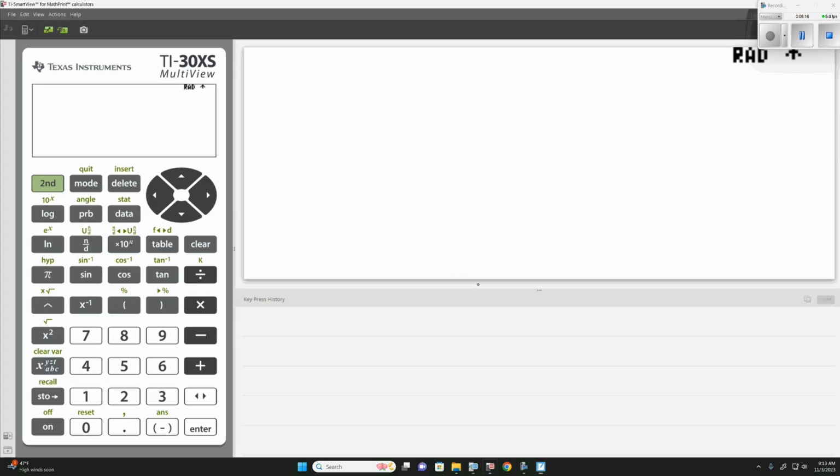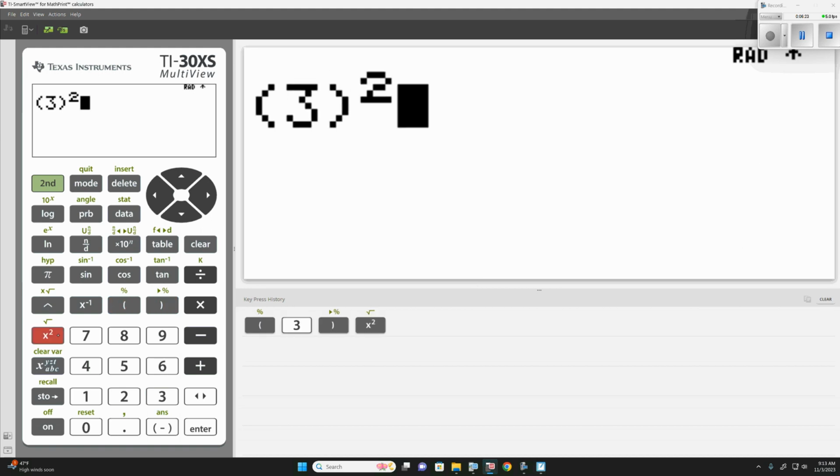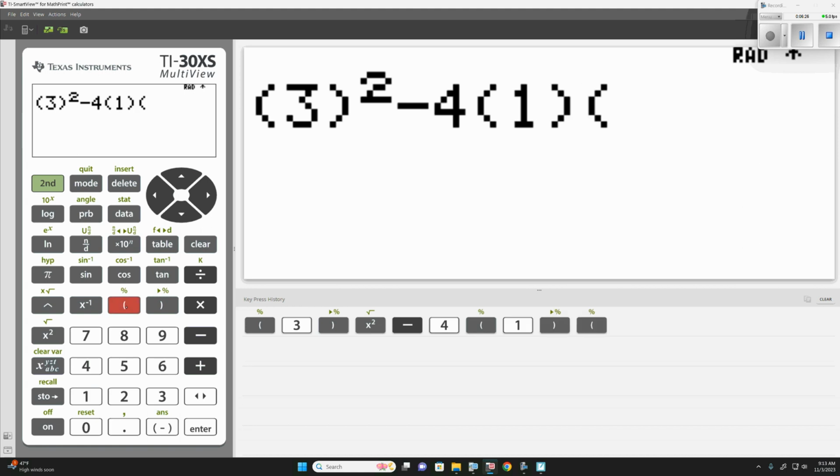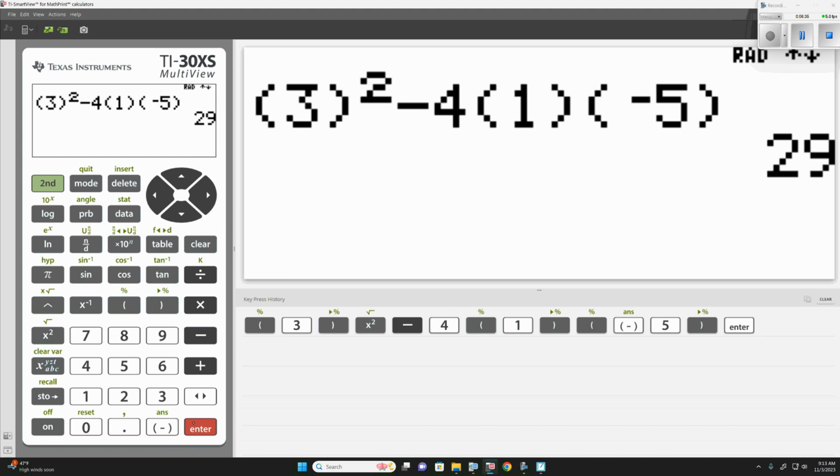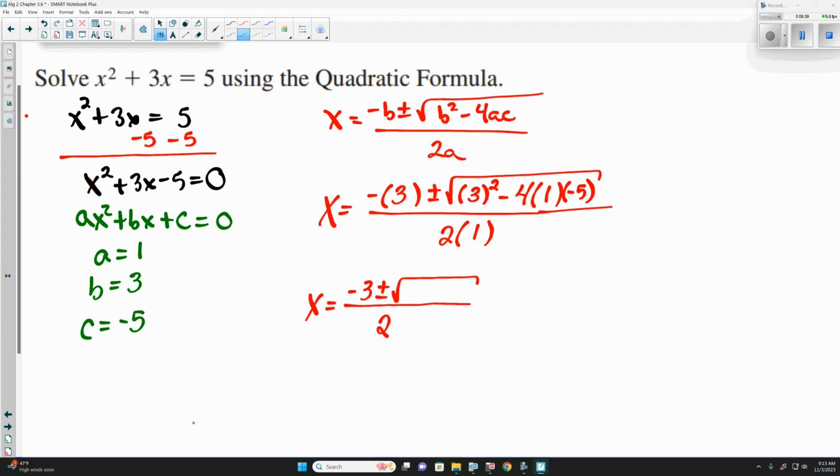I would type everything that's inside the radical, not the radical, in 3 squared minus 4 times 1 times negative 5. I would type it in exactly as we have it, with parentheses and all. Hit enter, and it tells us it is 29. Questions on this so far?